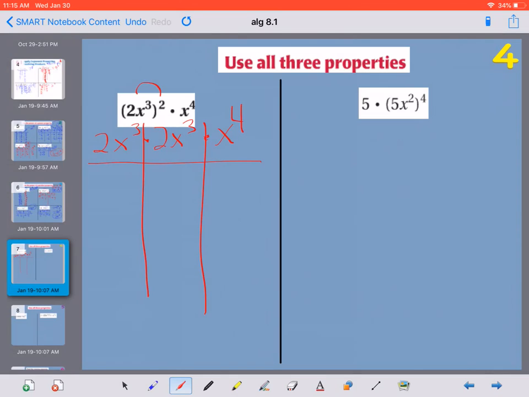Here we have 1, 2, and 3 x's. This one we have 1, 2, and 3 x's. Here we have 4 x's. So what we have then is 2 2's, so 2 to the second. We have 1, 2, 3, 4, 5, 6, 7, 8, 9, 10 x's. So we could simplify that. 2 times 2 would be 4, and then x to the 10th.